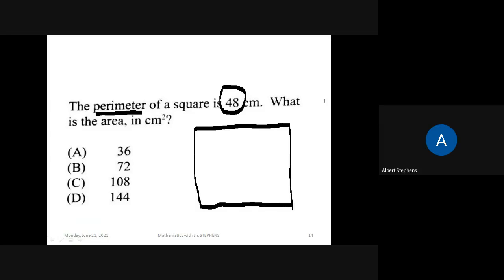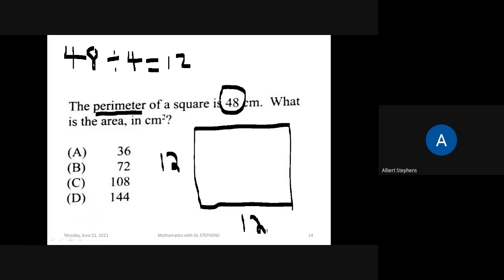Now, how many sides does the square have? 4 equal sides. So what would be the value of one side? 12, because 48 divided by 4 is equal to 12. So each side is 12.